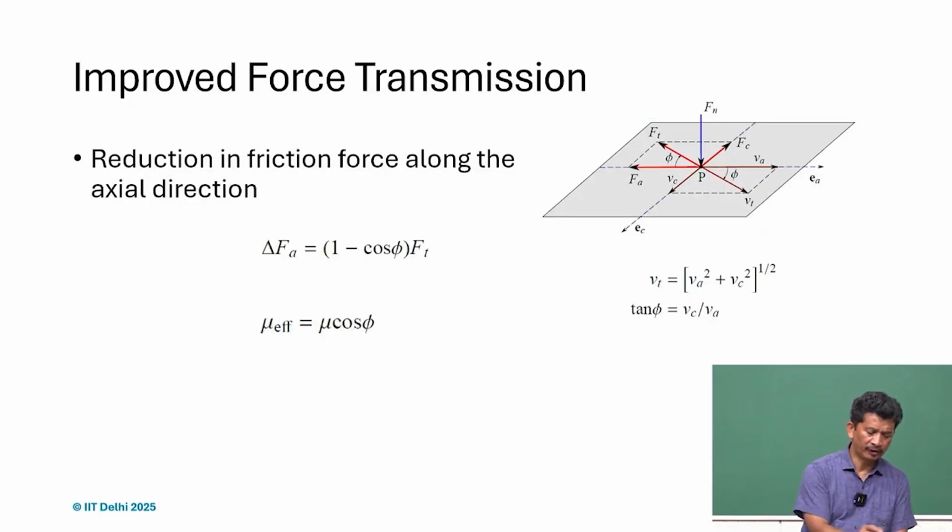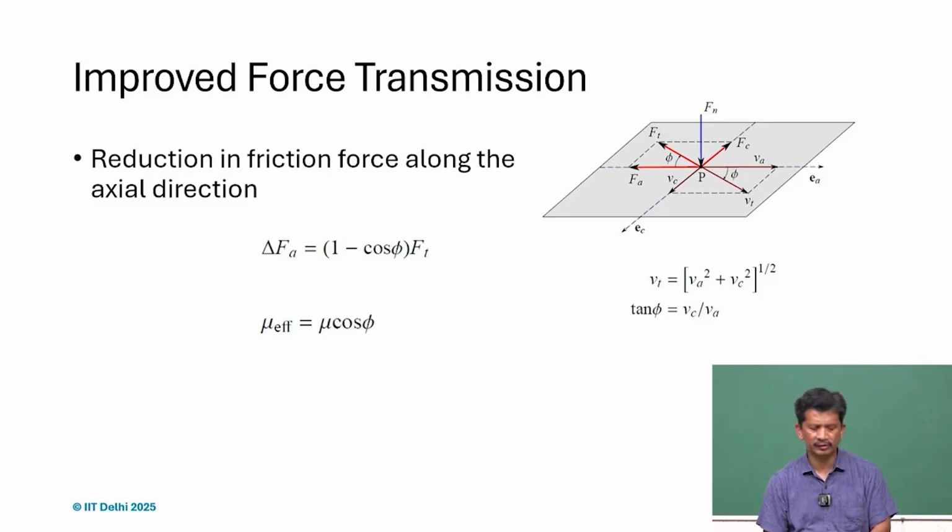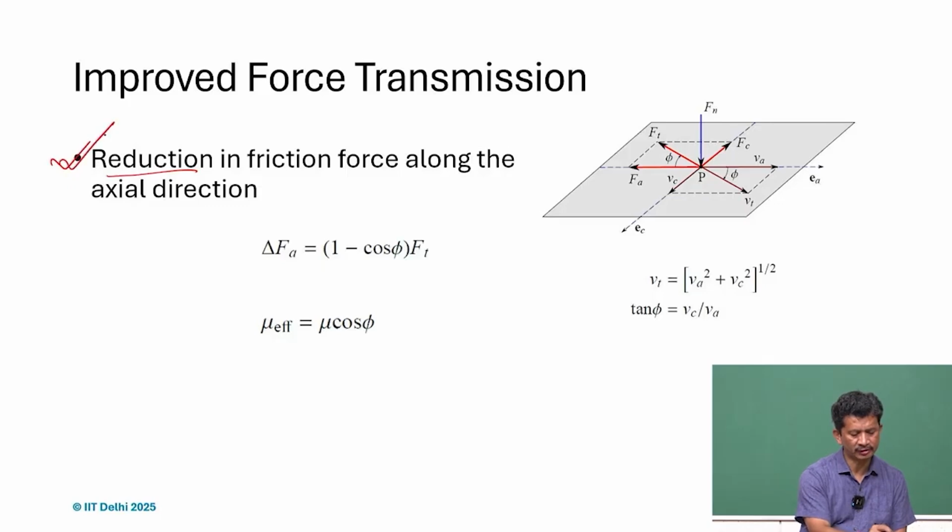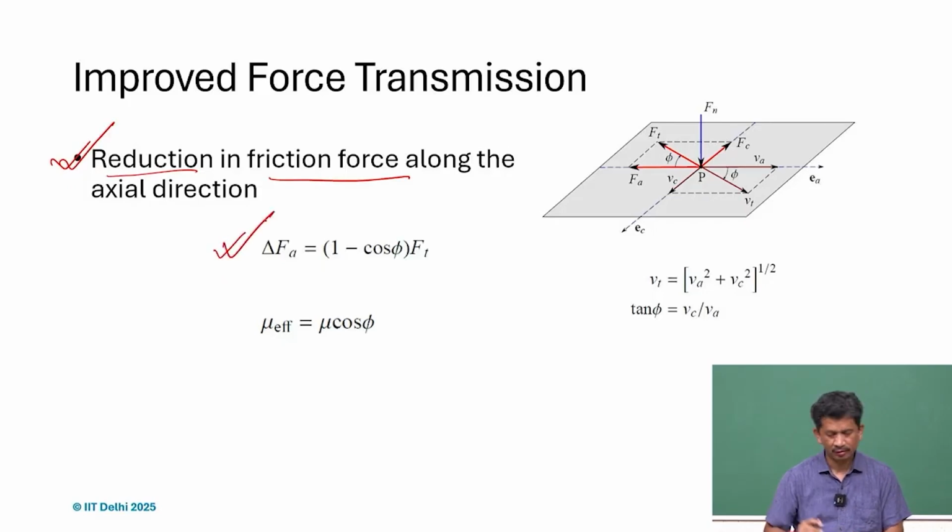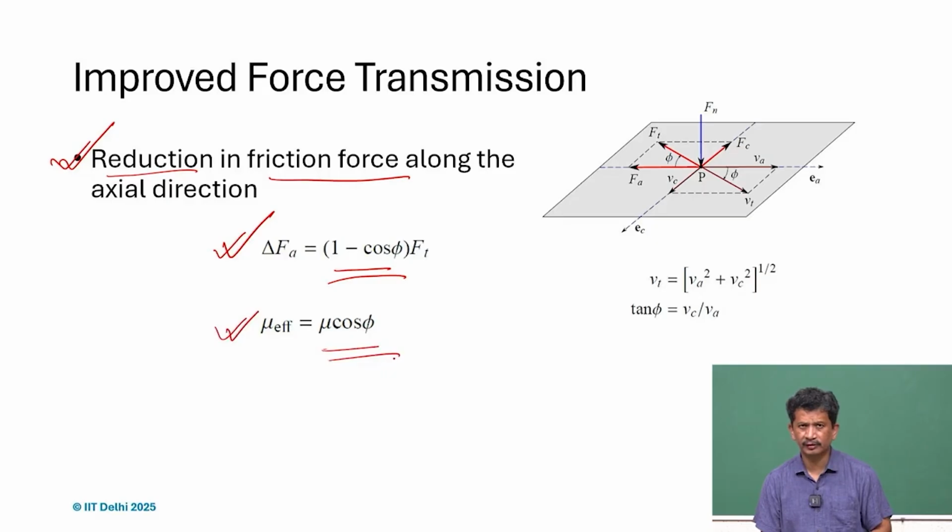So, if we try to see the effect on the force transmissibility, we can define the reduction. What is the reduction in the friction force? Because of combining the two motions, axial versus rotation, and of course it is initially Ft, the reduction will be 1 minus cos phi, and the effective coefficient of friction we can define is mu cos phi.